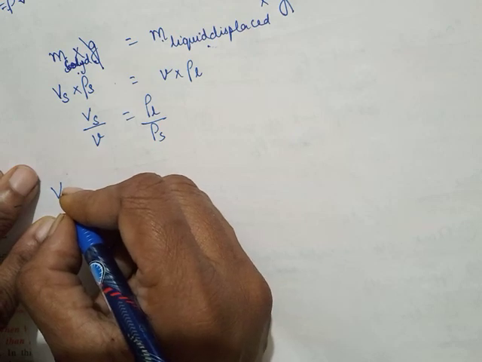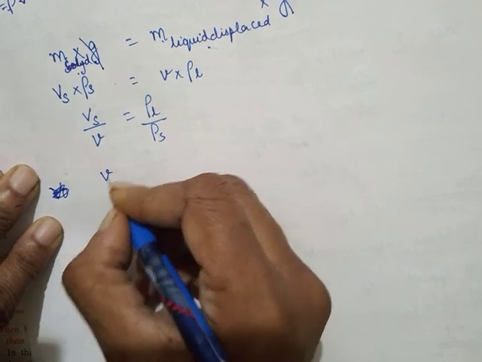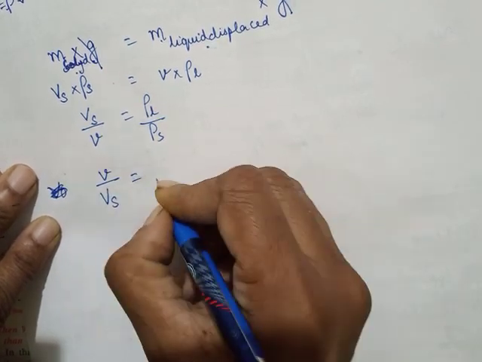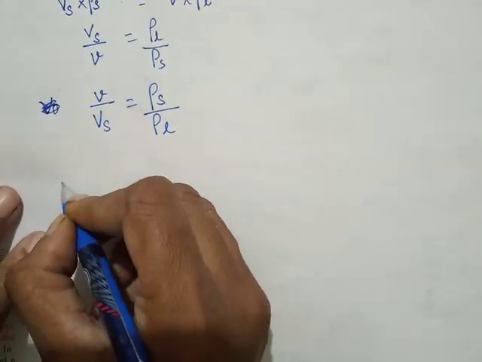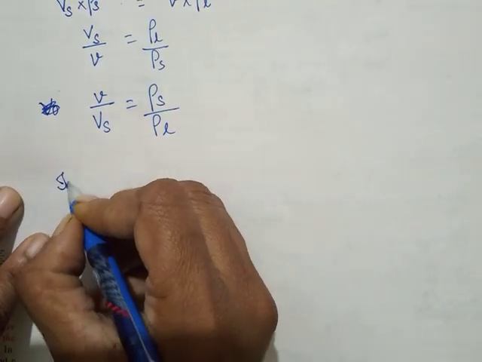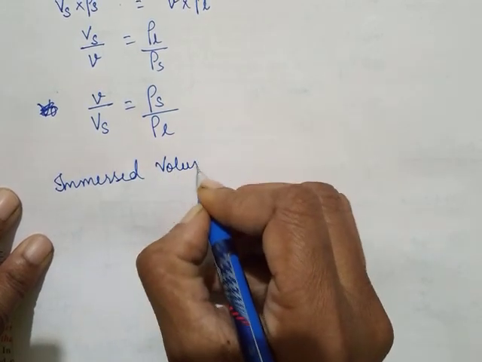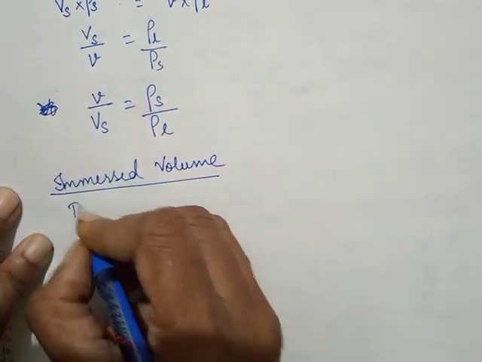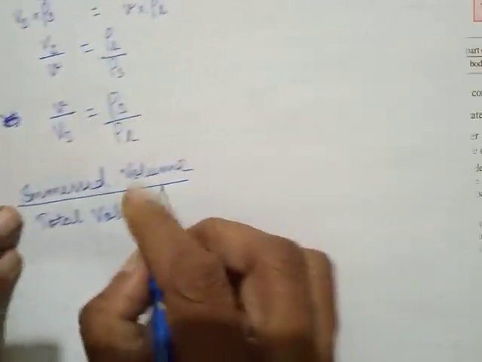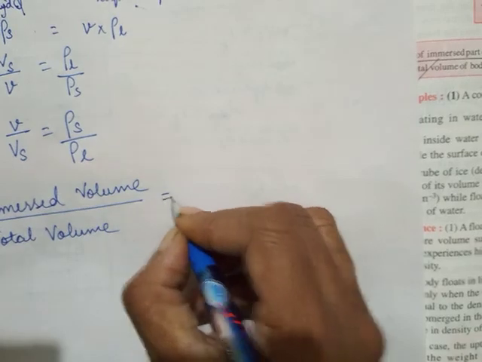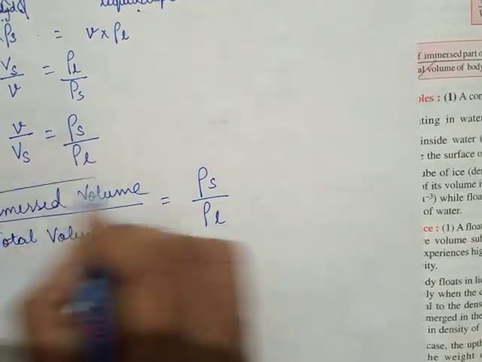Or the other way I can write, small v upon Vs is equal to density of solid upon density of liquid. If I have to write it in words, immersed volume upon total volume of the solid is equal to density of solid upon density of liquid.